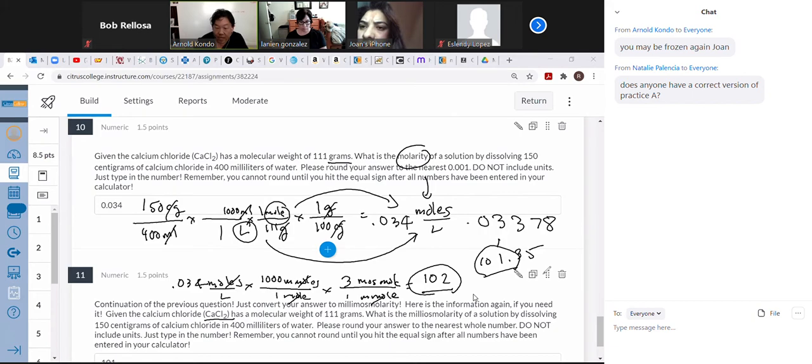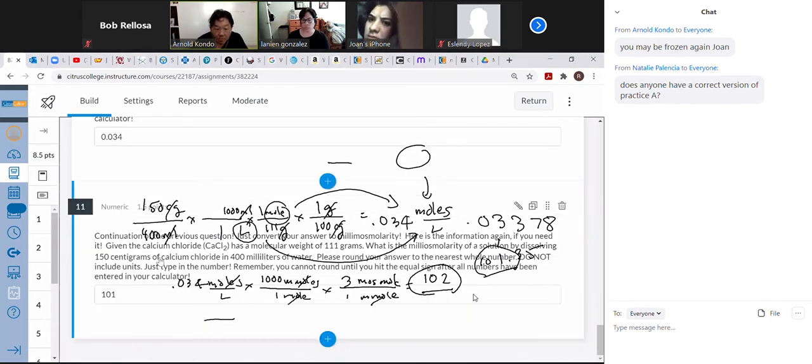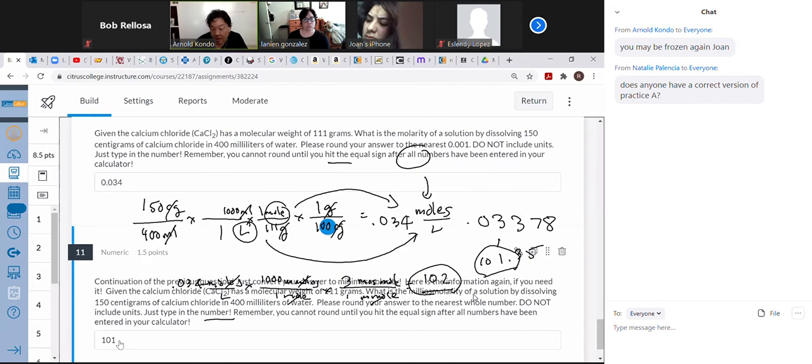And just realize, guys, since I made the quiz, if you go into my key, the correct answer would be 101 plus or minus, I think, like 2. So it does include whether you continued through the problem and got 101, or took the answer to number 10 and multiplied it by 1,000 and 3 to get 102.